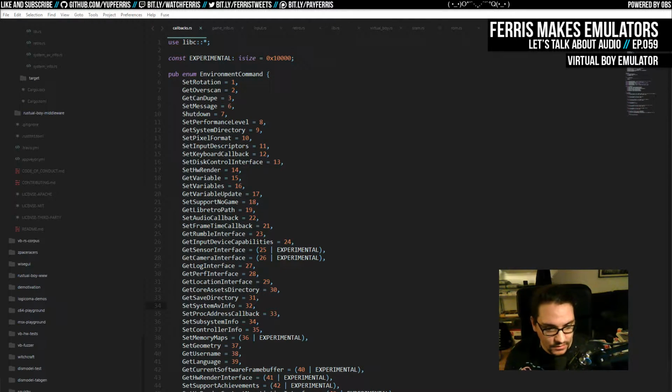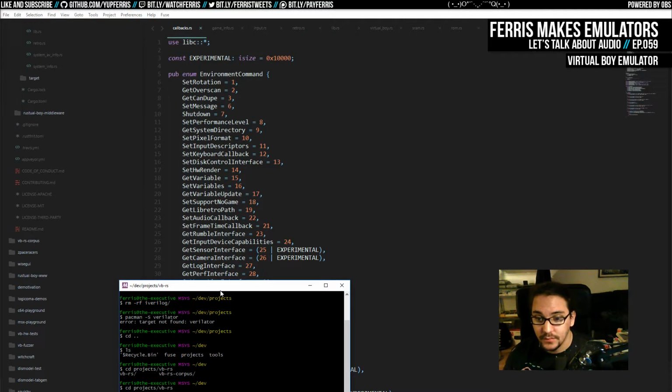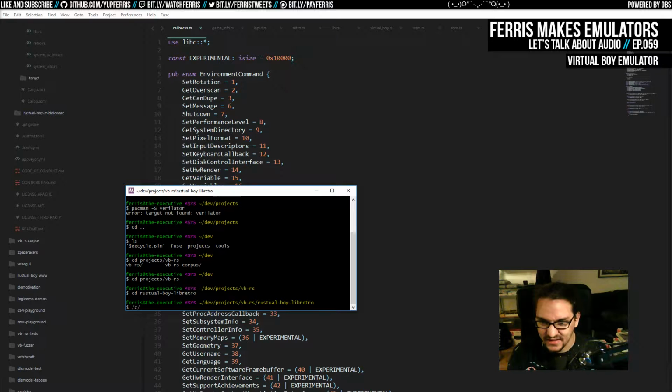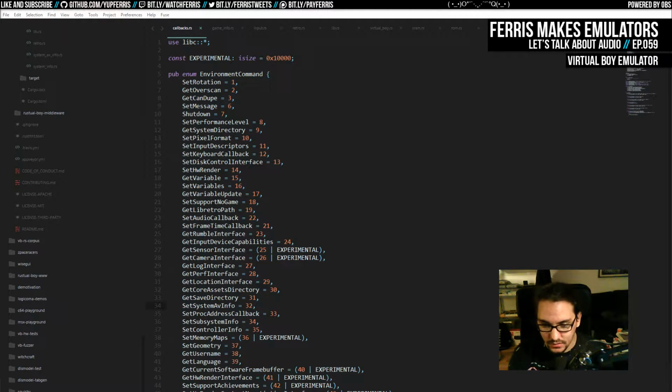But let's see here. Rust Boy, libretro now, and we want to do something like, I think it's in here. Downloads, libretro. Oh no, it's RetroArch that is the front end that I'm testing with. I'll do --verbose, capital L, and then the target.